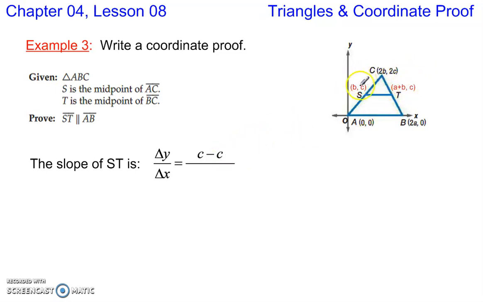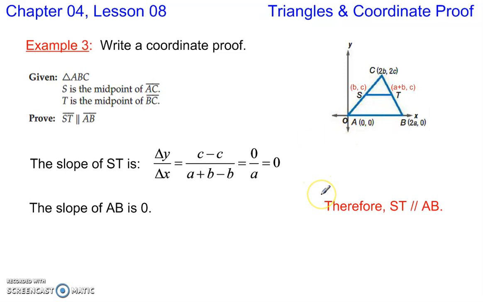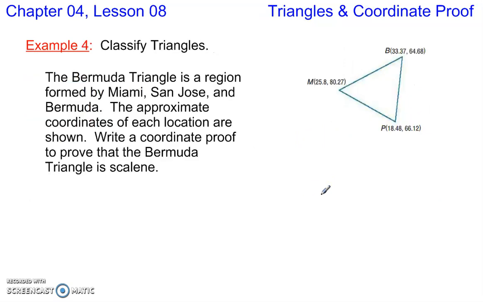So c minus c over a plus b minus b. Simplify this. We are left with 0 over a, and 0 over a is a 0 slope. Now we also know that AB is a 0 slope. So there we go. We have proved that these 2 lines are parallel. Ta-da! There you have it.